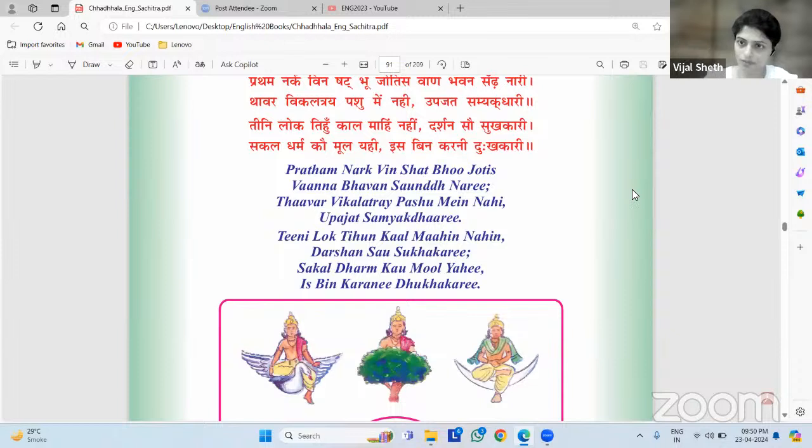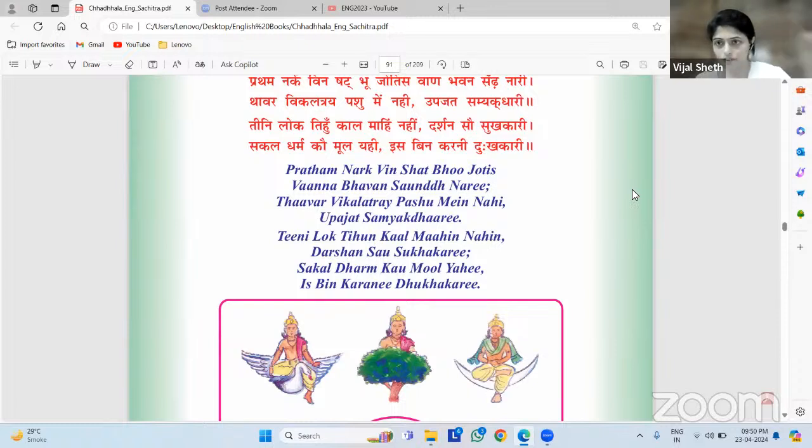It sprouts the roots, right? पहले root निकलता है ना? So that root is the first step. Without this, इस बिन करनी दुखकारी. You do any other effort, any other purusharth in the name of religion, in the name of happiness, it is only going to result in misery or sadness. Because this is the root of religion.